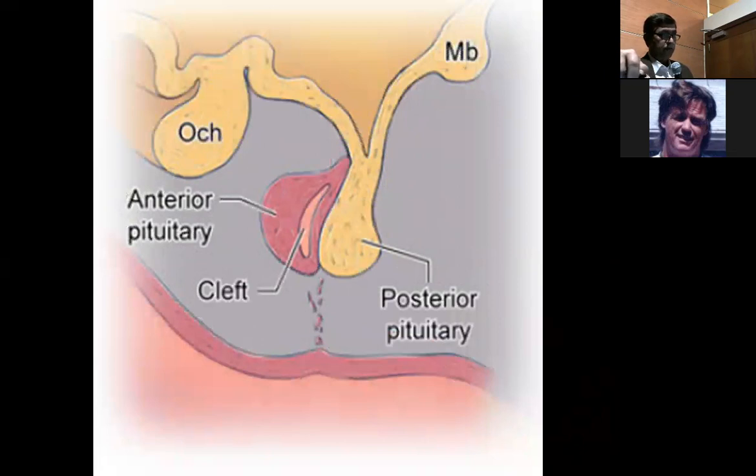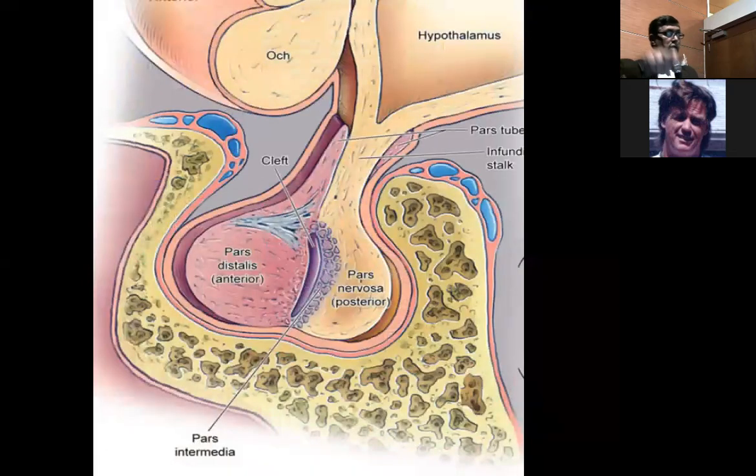So this pouch coming from the pharynx will form most of, or all of, the anterior pituitary, which we'll discuss the parts of, and this will form the posterior pituitary, or neurohypophysis. So that's the end of the story.